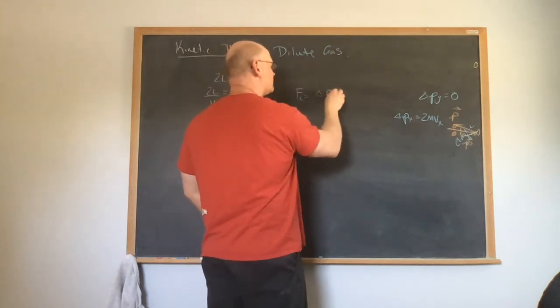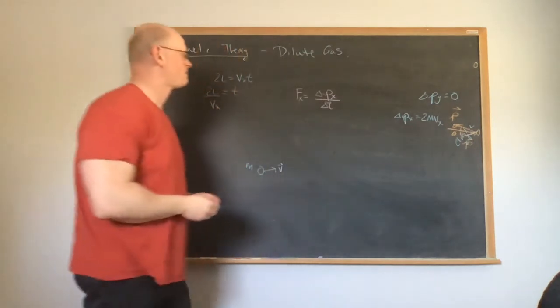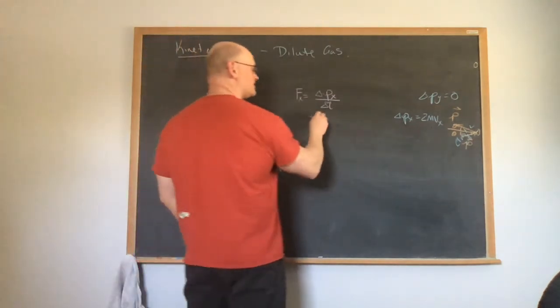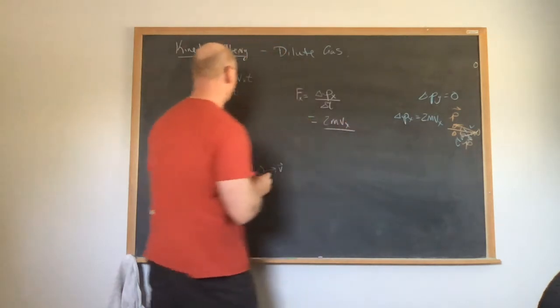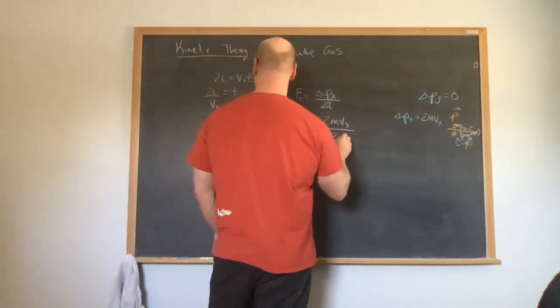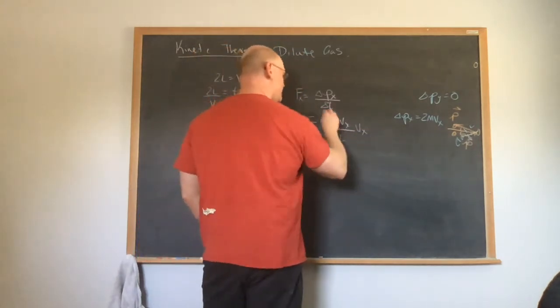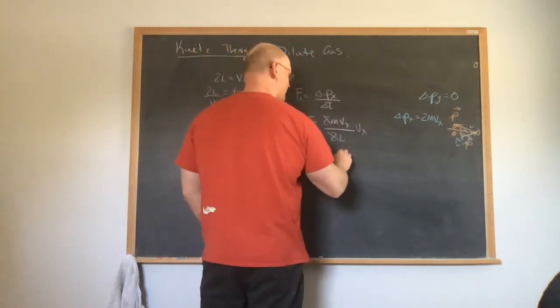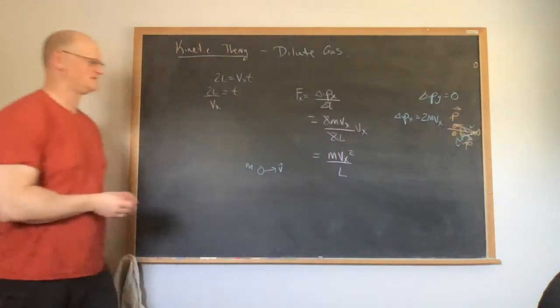According to Newton's second law, this is the change of momentum in the x direction divided by the change in time. So from here, it's going to be the same thing then as twice the mass times the velocity in the x direction divided by the time, which is 2 times the length times then the x portion of the velocity. 2's are going to cancel. This is going to be the same thing then as m times v_x squared divided by the length.